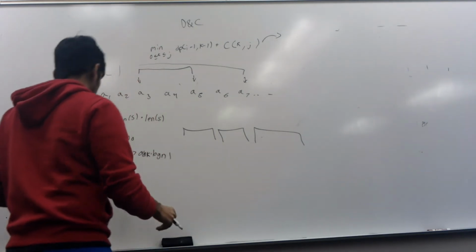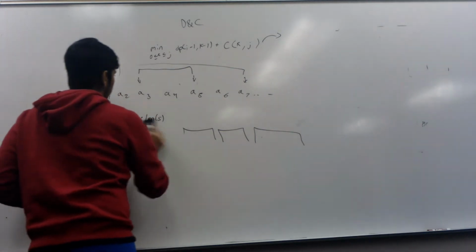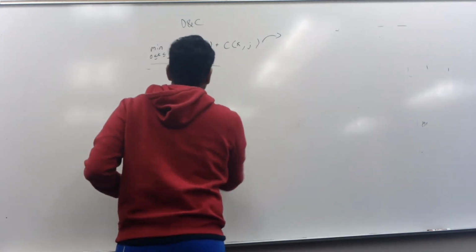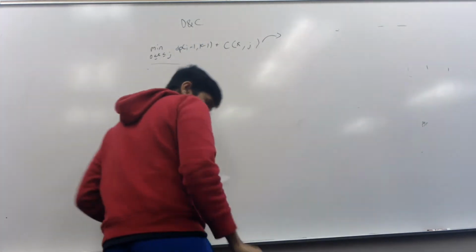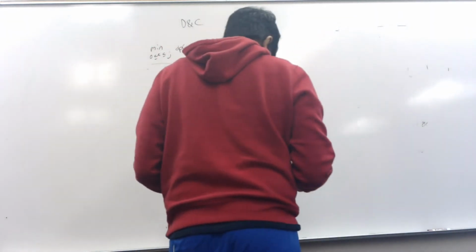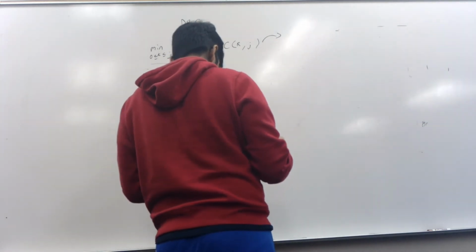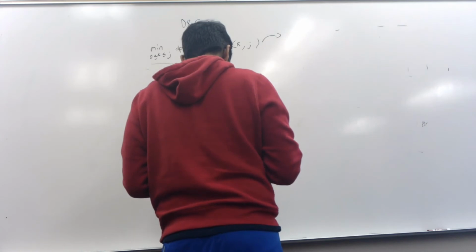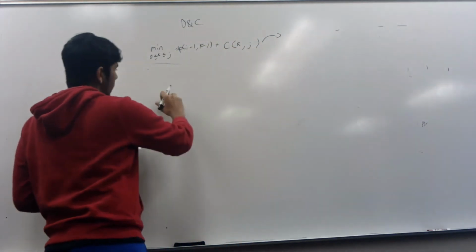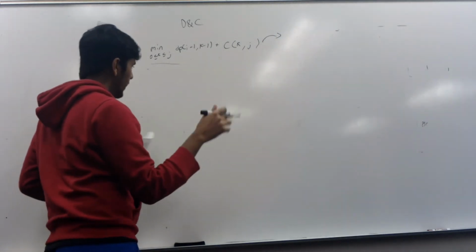So I have one more problem here for divide and conquer. You're at a bakery, or someone owns a bakery, and they have a bunch of types of cakes arranged in an array, right?